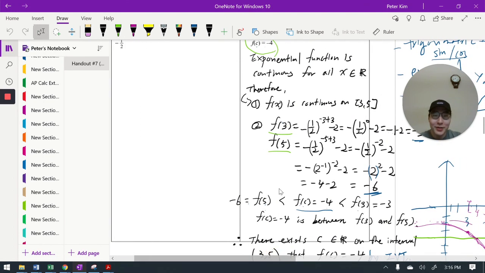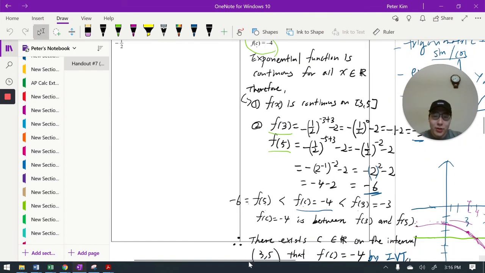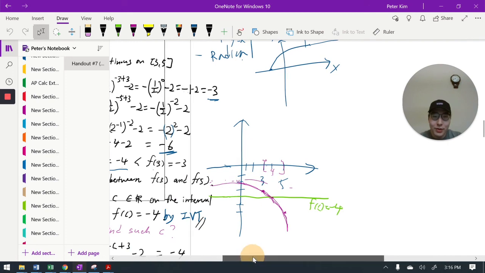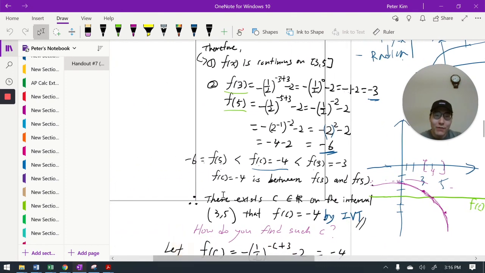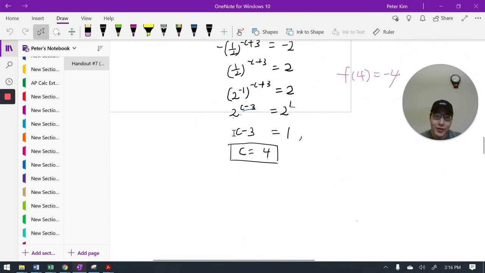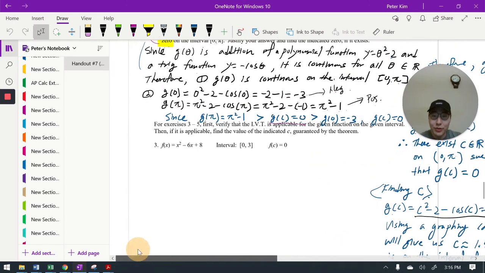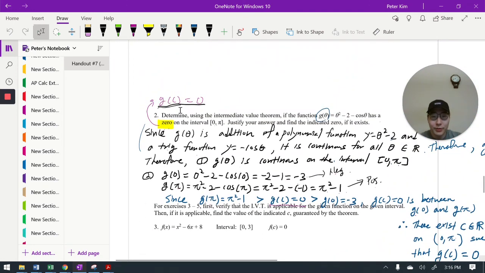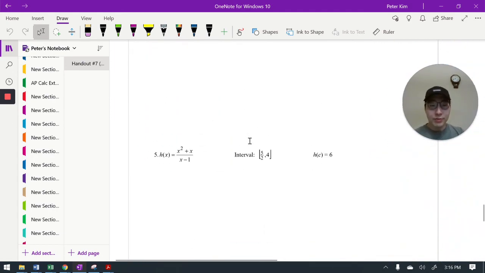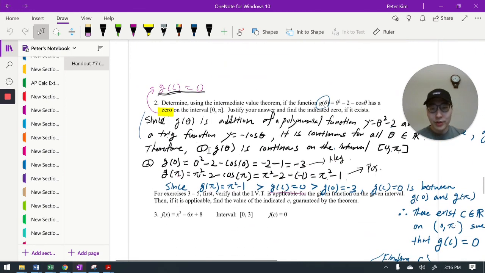But the gist of it is: is there a particular c value in that given interval that will give you f of c equals our desired value, like -4 in this case, and then in this case it was g of c equals 0, right? Yep. All right. So I want you to try the rest of the problem and impress me, please. Always determine those two things in order to use IVT.